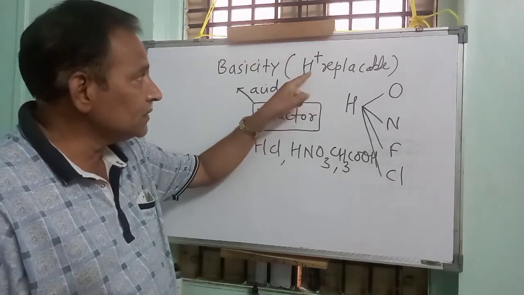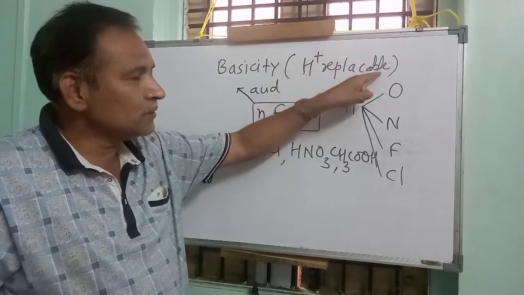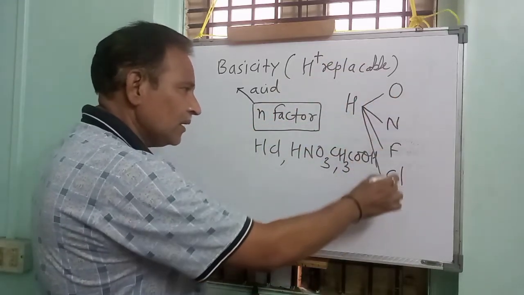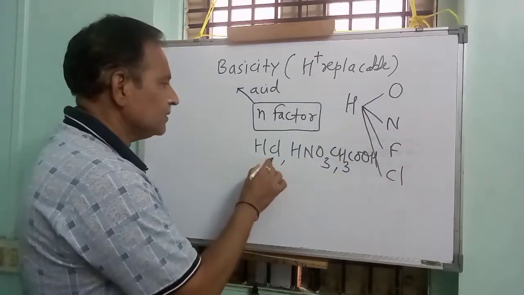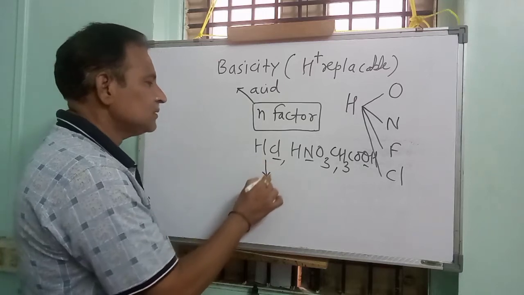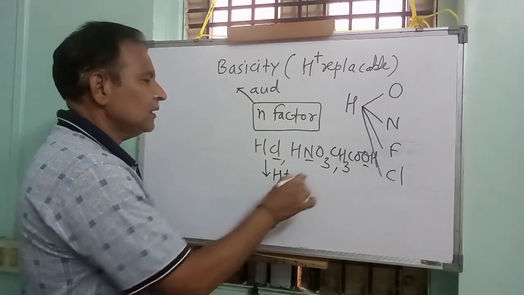What is basicity? The number of replaceable hydrogen atoms from the molecule, provided that these hydrogen atoms are attached to electronegative elements like Cl, nitrogen or oxygen. So here one proton is released, giving Cl minus.